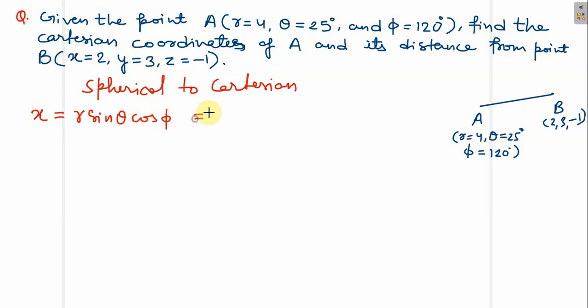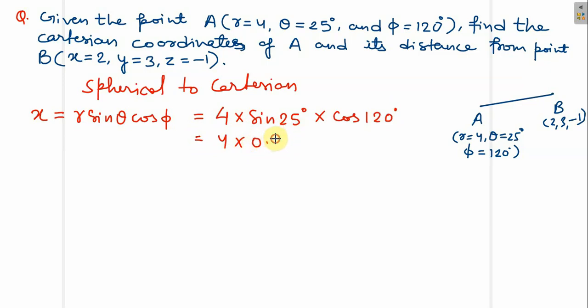Okay, so through this we can easily calculate. So what will be the value? The value of r is 4. Okay, then sine of this 25 degree and multiplied by this cos phi. Okay, so cos of 120 degree. So ultimately you can calculate it through the calculator also. I'm directly writing the values.